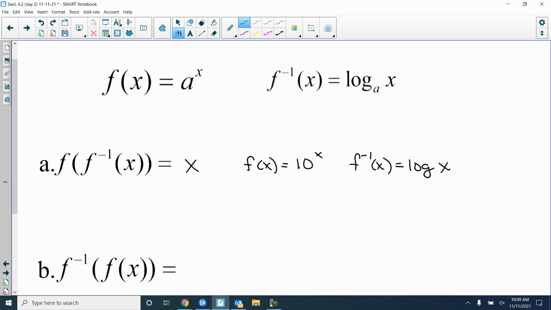You agree with that? All right, so what does f of f inverse look like? You take this, and it's going to be 10 to the log of x. We agree? All right. Graph that on your calculator.